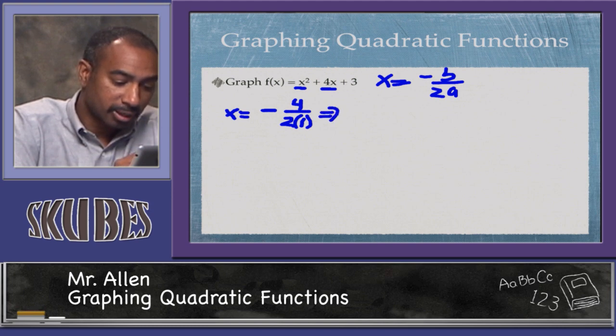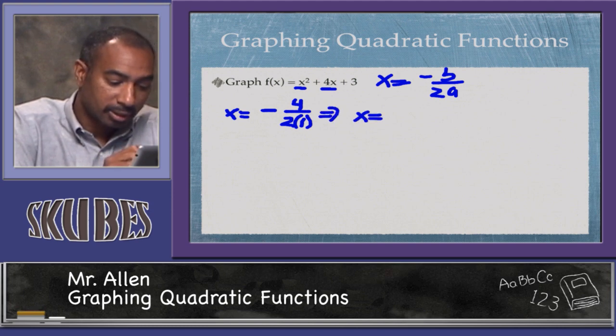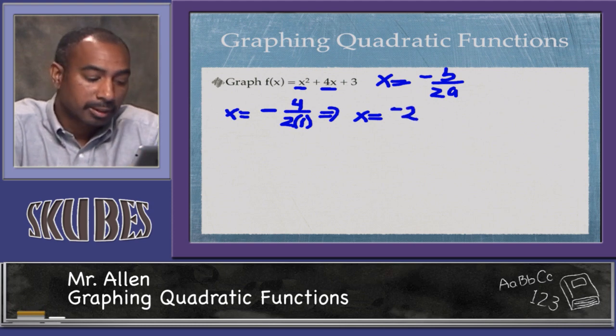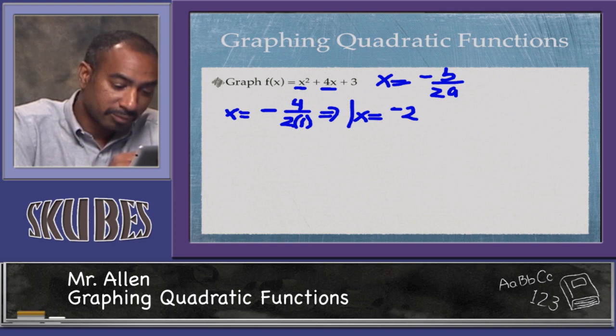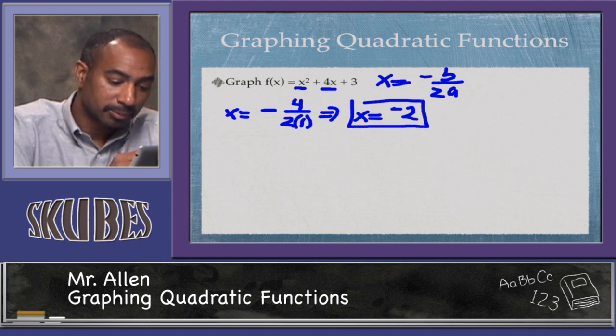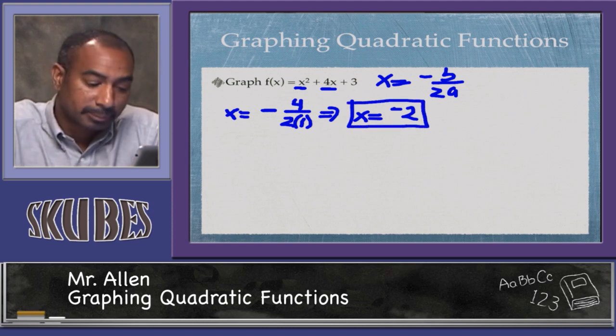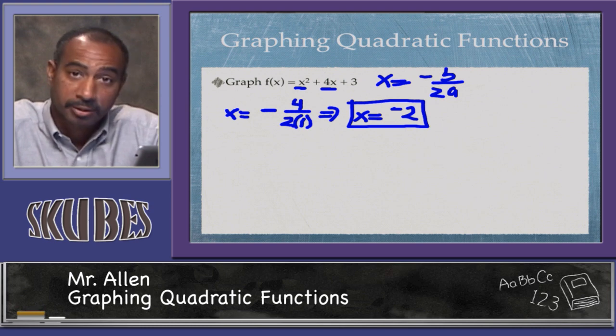So this tells us that x has to equal negative 2, because 2 divides into 4 2 times, and the negative's there. So you have x equals negative 2. This is important. We're going to graph that vertical line, x equals negative 2, to find out the axis of symmetry.